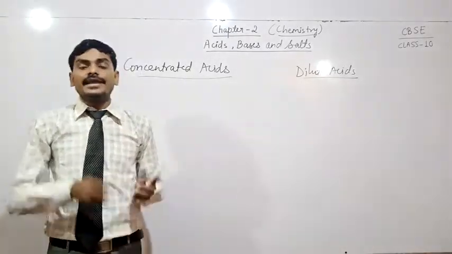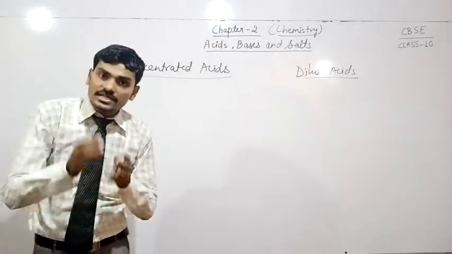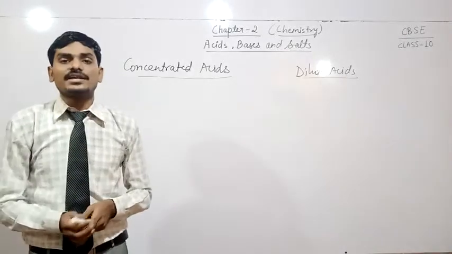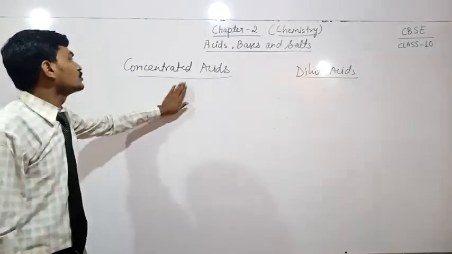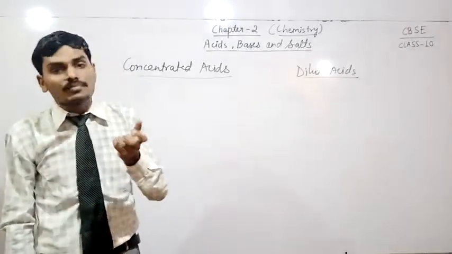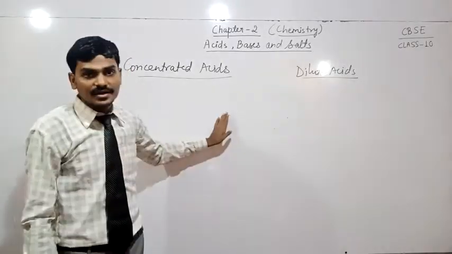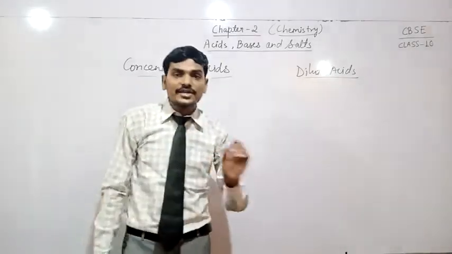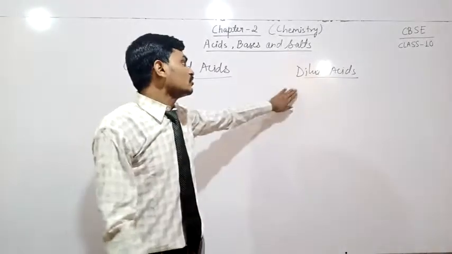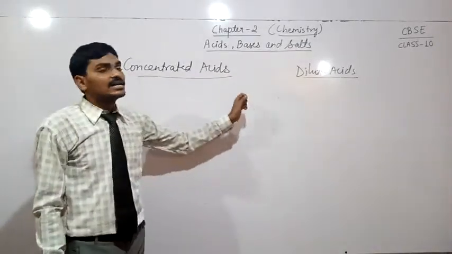The acid in which the amount of water is very less. Such type of acids in which the amount of water is very less is known as the concentrated acid. And if water is present in maximum or large amount, then it is known as the dilute acid. So these are the differences.